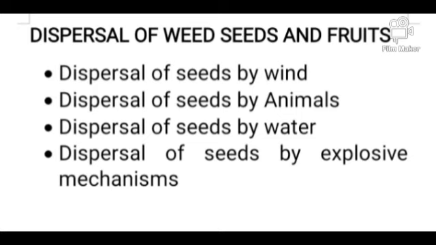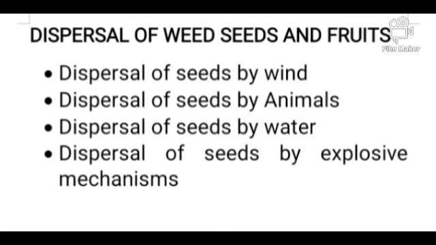And also the ones dispersed by water. Those are commonly found in riverine areas, and they have waterproof cuticles, air spaces within their seeds, and they are lightweight. That's the reason why they are able to be dispersed by water.